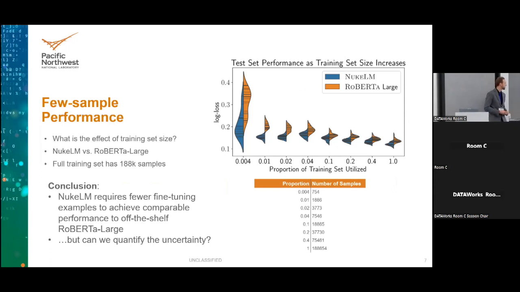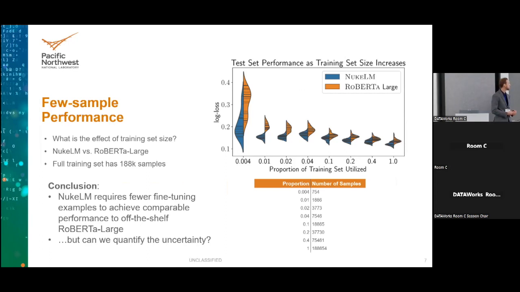We used a training set of almost 200,000 documents, so that's a pretty good space to start in. But we also know that these models are brittle. They're not always reliable at each iteration. If you change the initialization and retrain it, you can get slightly different and sometimes drastically different results.